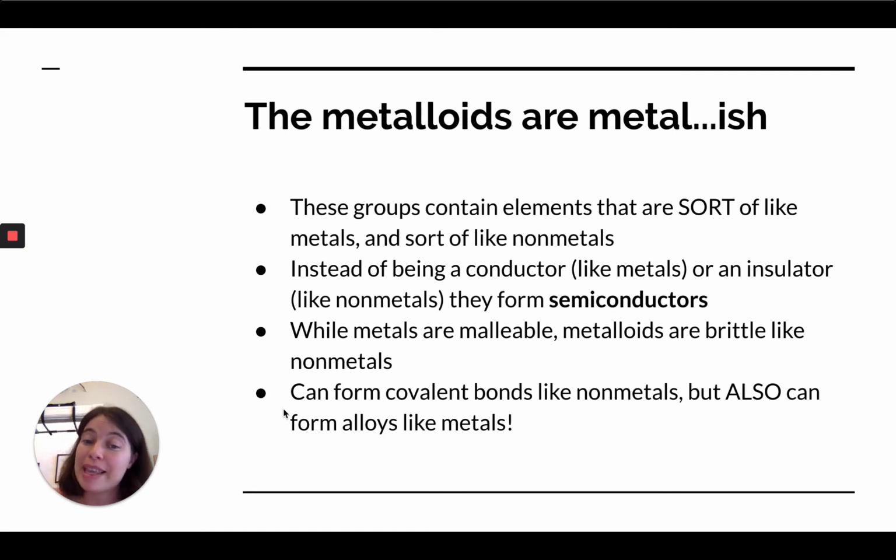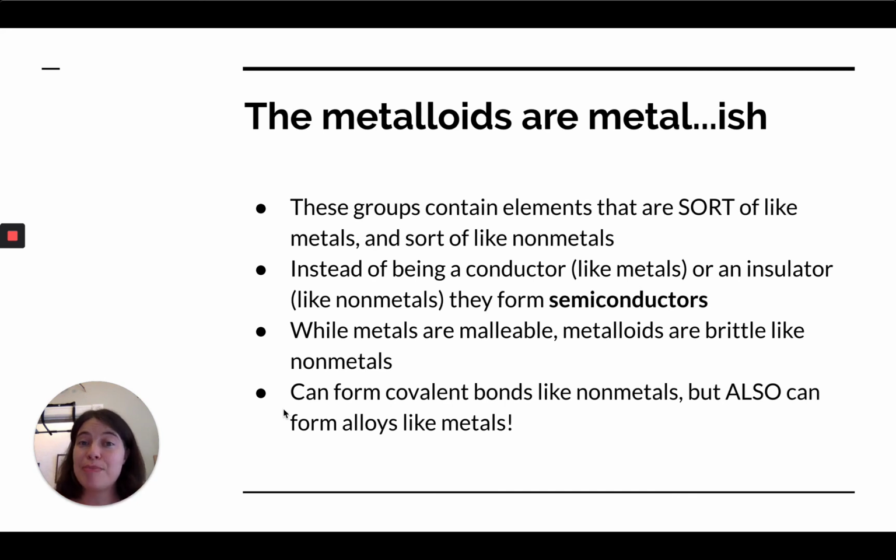Now, while metals are malleable, metalloids tend to be brittle. That makes them a little bit more like the nonmetals. Imagine you've got two containers of soda. One is an aluminum can, and one of them is a glass bottle. Now, the glass bottle is made of silicon, which is a metalloid, while the aluminum can is made of aluminum, which is a post-transition metal.